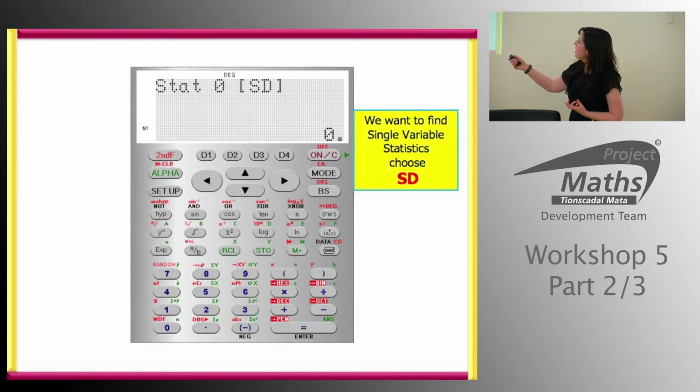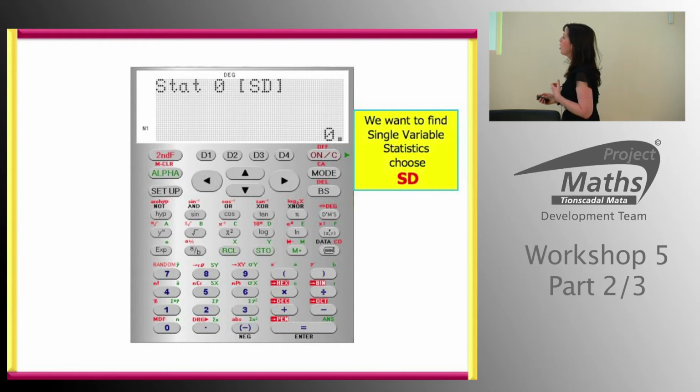In the Casio it said 1 variable; in Sharp it just says SD, which I assume means single digit. Or number 2, is it aligned with your 2 variables? So we'll choose 0 this time, single digit.